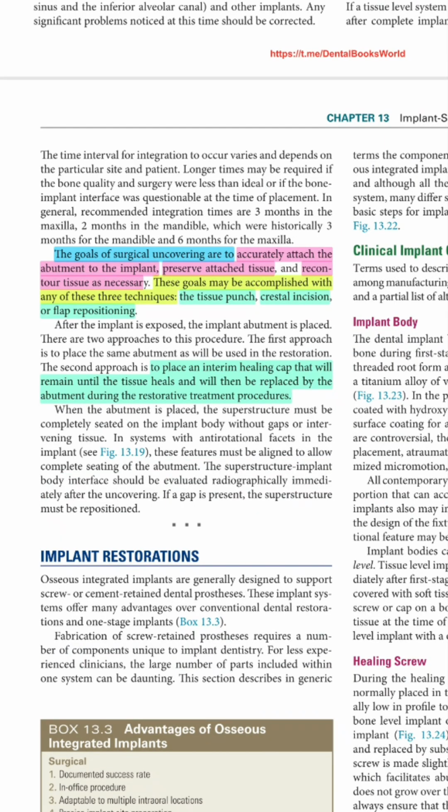During the phase between the reopening, or the uncovering, and the delivery of the final prosthesis, we put what is called a healing cap that will remain until the tissue heals, and it will be replaced by the abutment during the restorative treatment procedures.